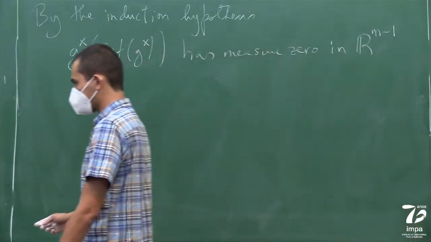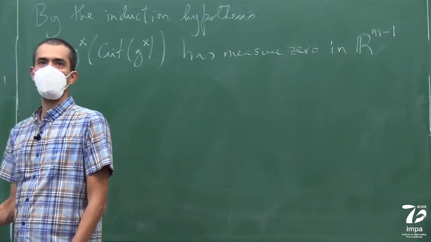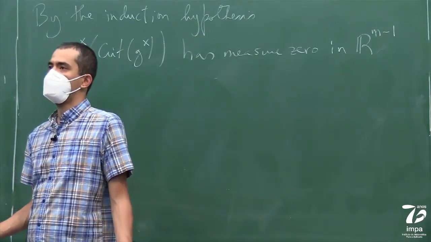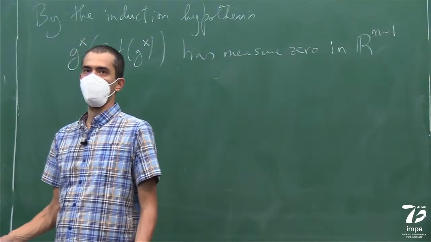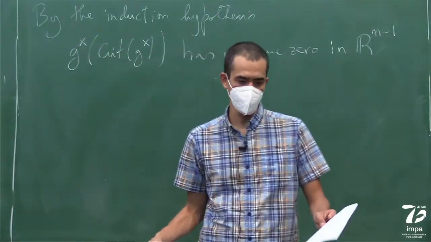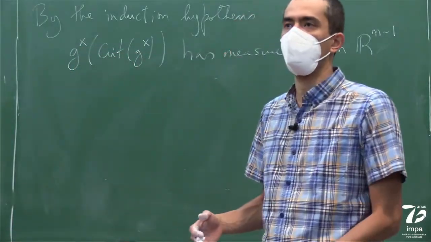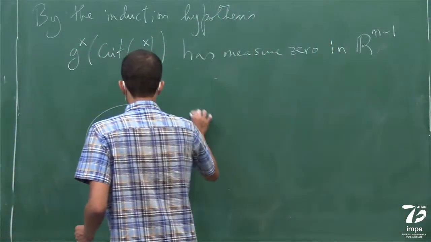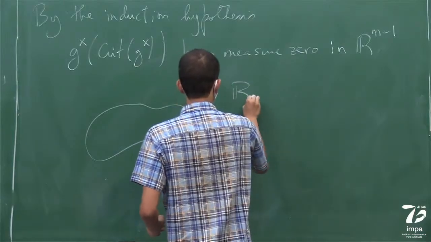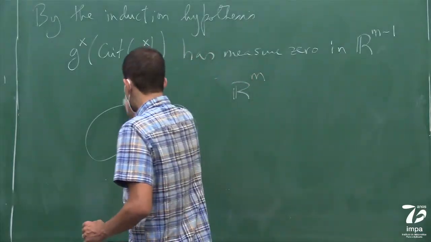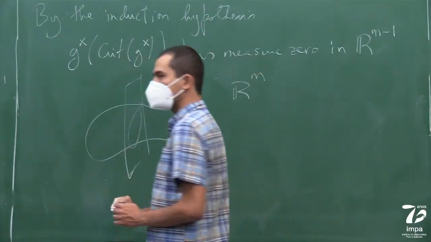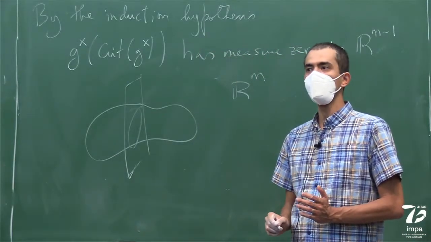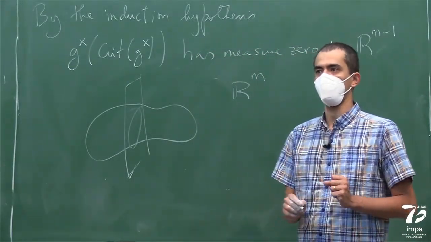So now we have to apply a theorem called the Fubini theorem in measure theory, and I'm not going to prove it. You can prove the Fubini theorem for measure 0 if you want. It basically says the following: if I have some set in R^m such that each slice has measure 0 in R^(m-1), then the whole thing has measure 0.